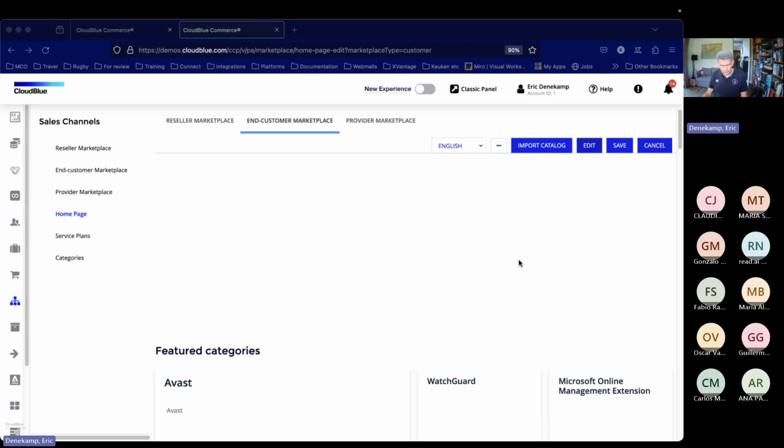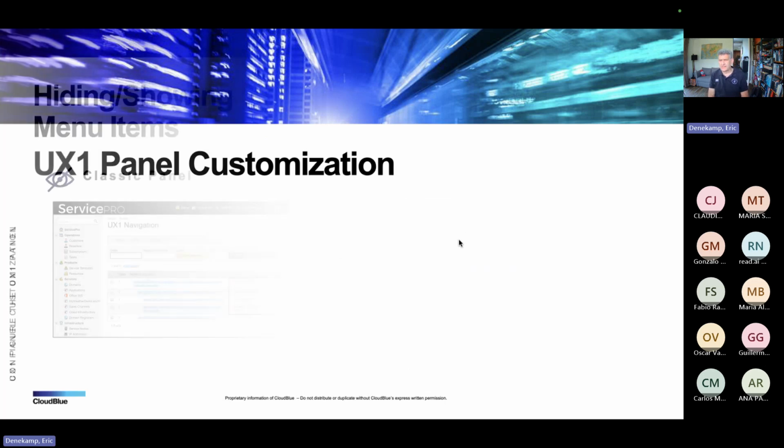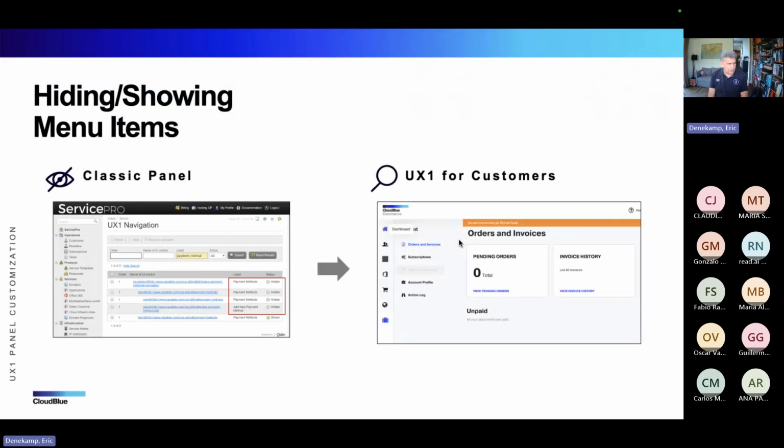Let's go to the next topic, which is the customization. So what can I do? There's a lot I can do. I can play around with the tabs and the tiles that I see. I want to remove tiles.